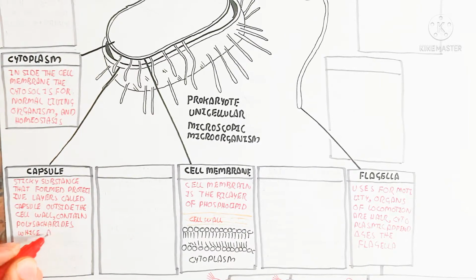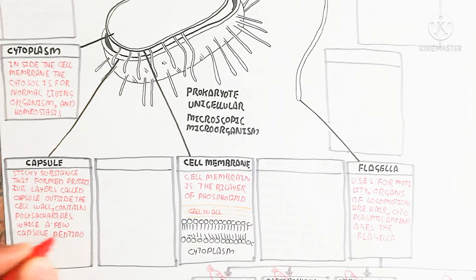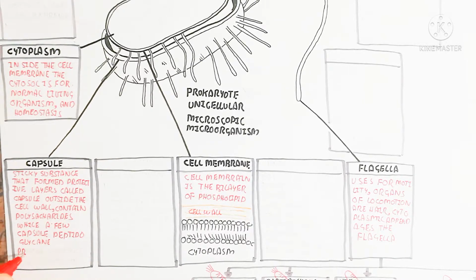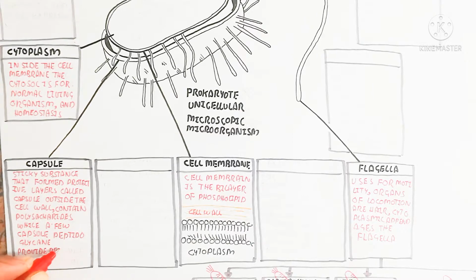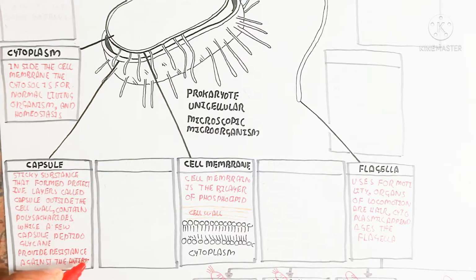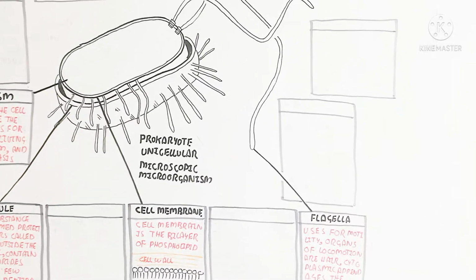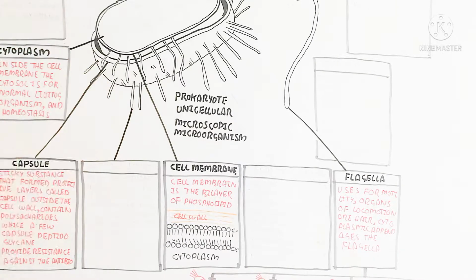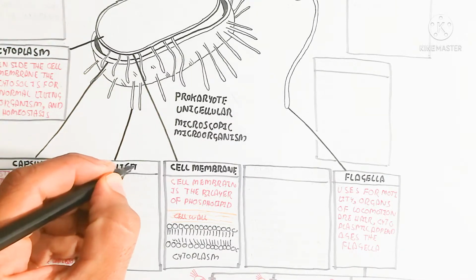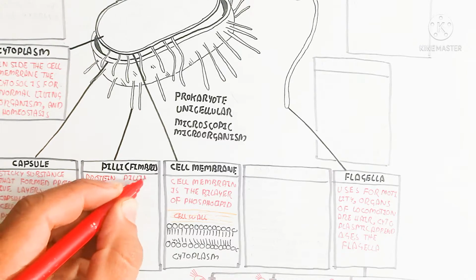It is a sticky substance that forms protective layers called the capsule, and it contains polysaccharide. The capsule and peptidoglycan provide resistance against antibiotics. This is used against pathogens or antibiotics that would kill the bacteria, so it is a resistance barrier. It plays an important role as an immune system of the bacteria.